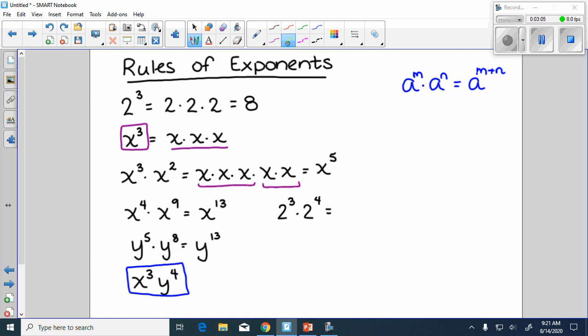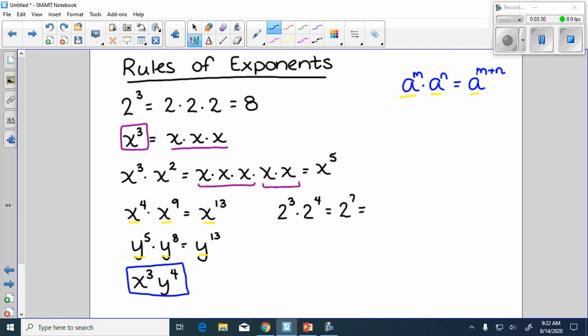Notice on all the examples we've done so far, the x was the base and it stayed x. Here y was the base and it stayed y. In the rule we said a was the base and it stays a. So the 2 is going to stay a 2. And 3 plus 4 is equal to 7. And so we have 2 to the 7th power.